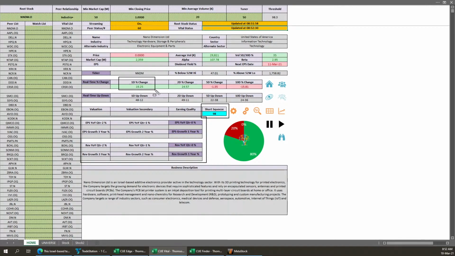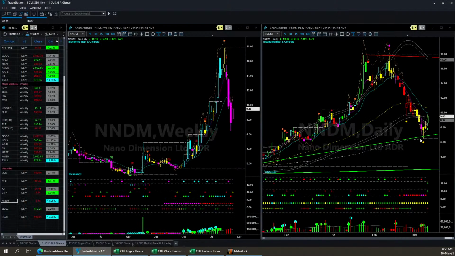Yesterday it went up by 19.25%, and you can see it trying to go up after a decline earlier. And that is the situation when I apply the bounce setup. This was a very good anticipation of the trade. Of course, if you are observing the stock regularly, you might be even more accurate.